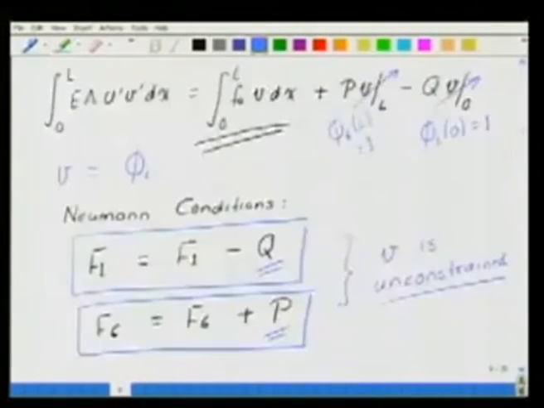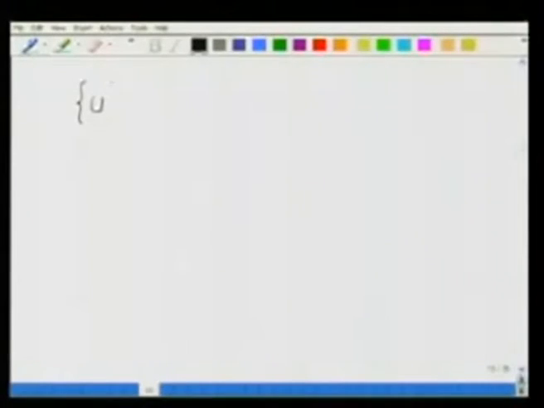So the next question is, what can we say about K? You see one very curious thing: if I take the unmodified K and I choose u to be the vector 1 1 1 1 1 1 transpose, then what is Ku?